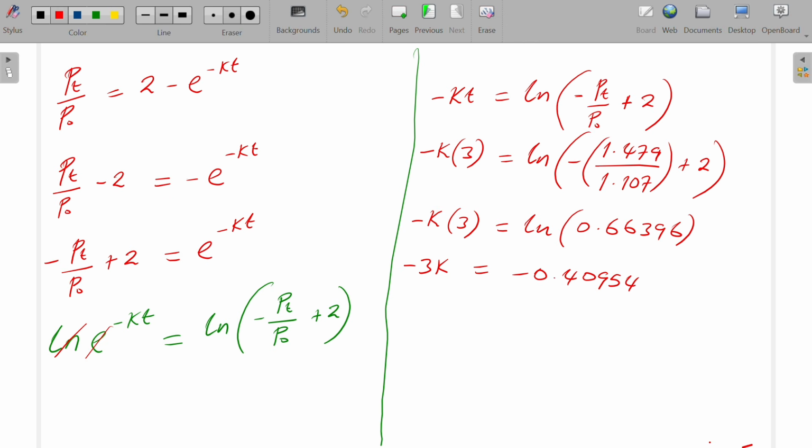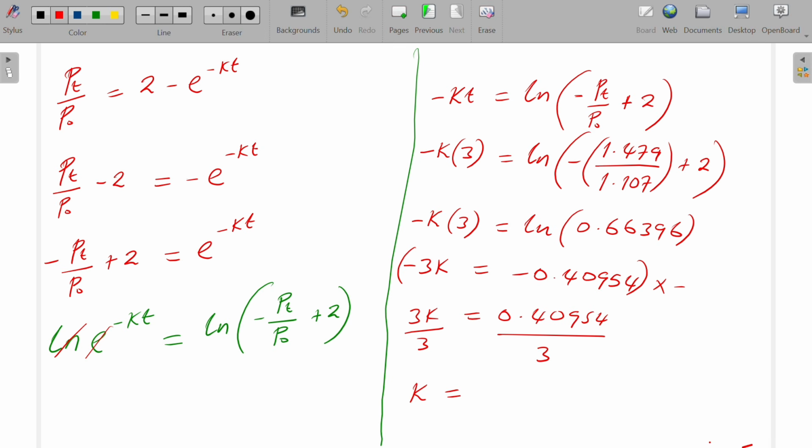And since we have negative negative here, we don't want our k to be a negative. So we're going to multiply by a negative. So when we do that, what we're going to have is we have 3k to be equal to 0.40954. And now we're going to divide by 3, and we're dividing by 3 on the other side.